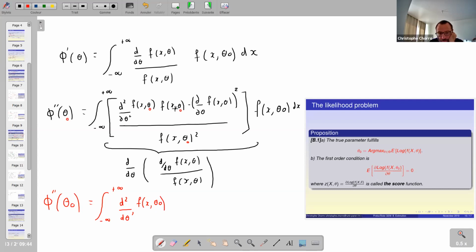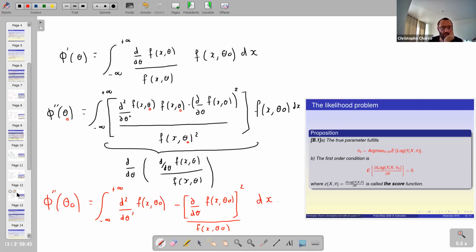And that's all, because this one and this one simplify, and minus d over d theta f x theta 0, and I can put a square here, divided by f x theta 0 square, and it remains f x theta 0 here, dx.